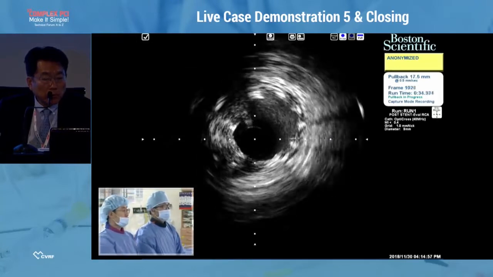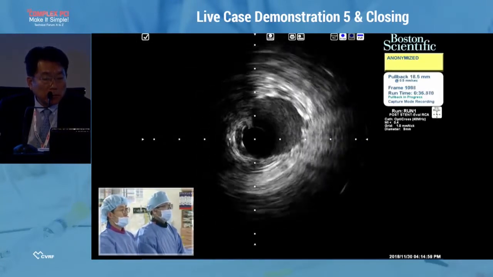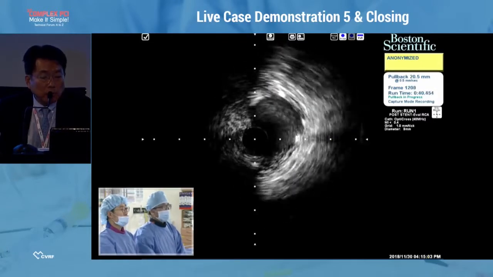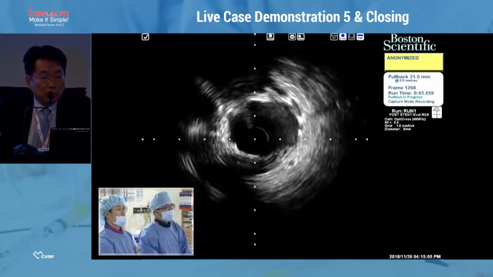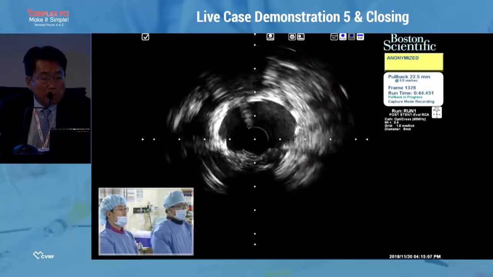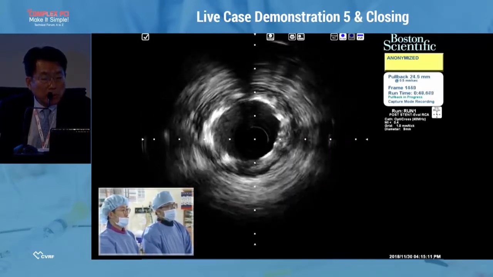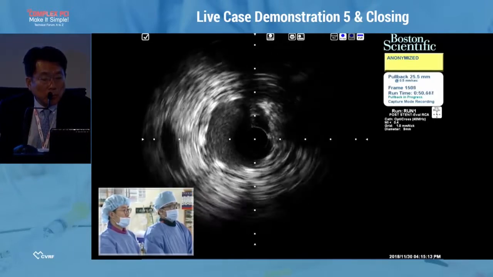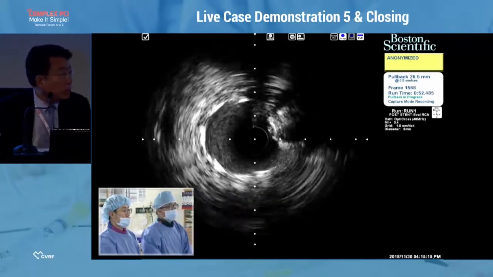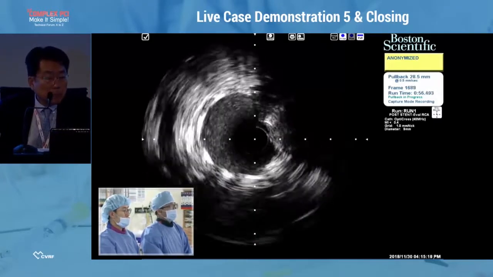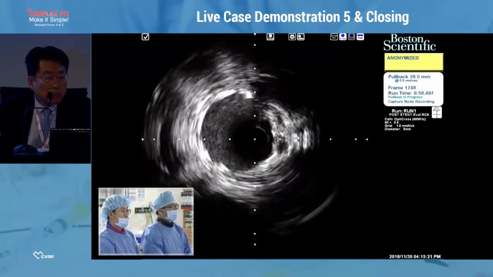The vessel size is growing here, up to 4. Yes, a big vessel. Proximal stent size is 3.5? Yes, 3.5. The vessel size is bigger than that, almost 4, right? It can be improved. This was a branch.